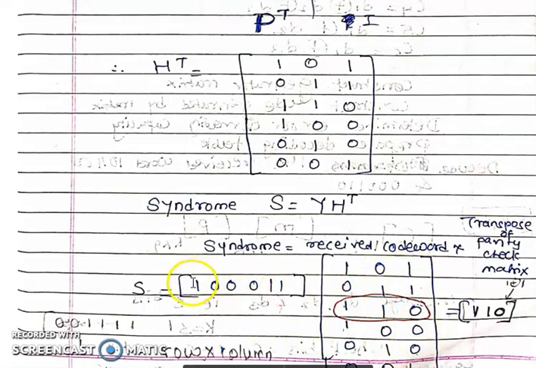When you multiply the row with the first column, the first bit is 1 and here it is 1. So that is 1 into 1, 1. The remaining 3 bits are 0. But the last 2 bits are 1, so when you multiply, again it will be 0 0. That means the result will be 0. So in the final answer of S, the first bit will be 0.